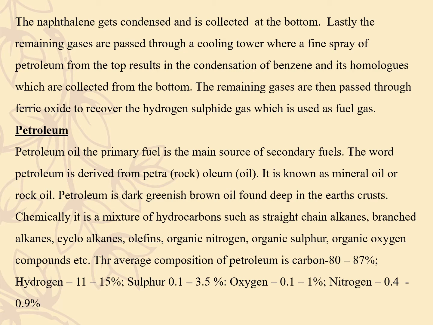such as straight chain alkanes, branched alkanes, cycloalkanes, olefins, organic nitrogen, organic sulfur, organic oxygen compounds, etc. The average composition of petroleum is carbon 80 to 87 percentage, hydrogen 11 to 15 percentage, sulfur 0.1 to 3.5 percentage, oxygen 0.1 to 1 percentage, nitrogen 0.4 to 0.9 percentage.